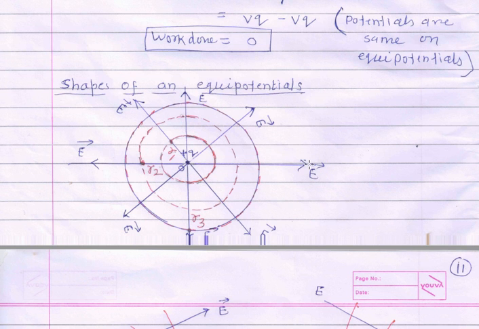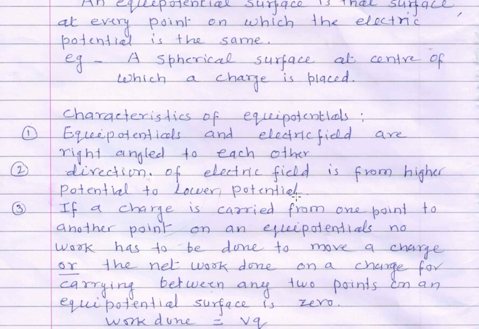So the electric field and the equipotential surface are mutually perpendicular to one another, because this circle and this electric field intensity are perpendicular to each other. So this is the characteristic: equipotentials and electric fields are at right angles to each other.